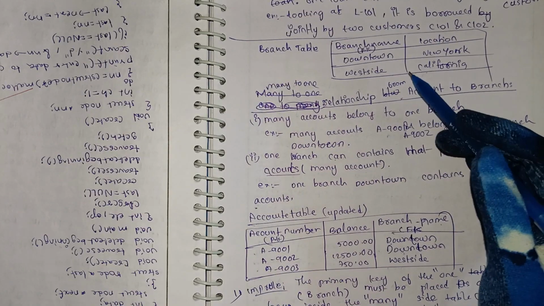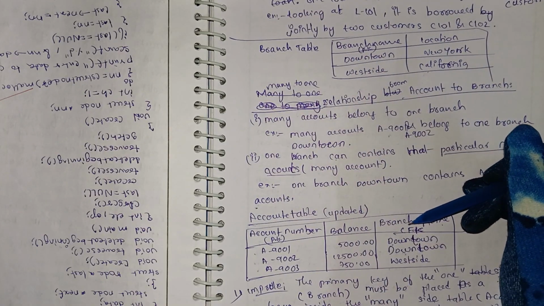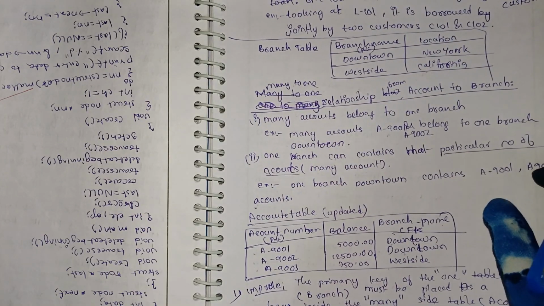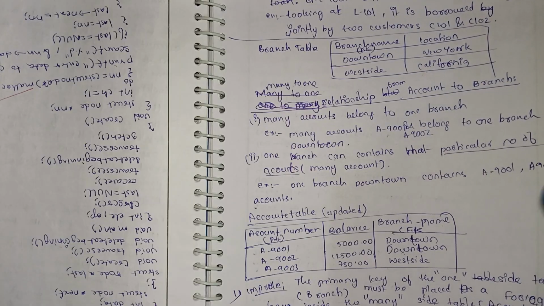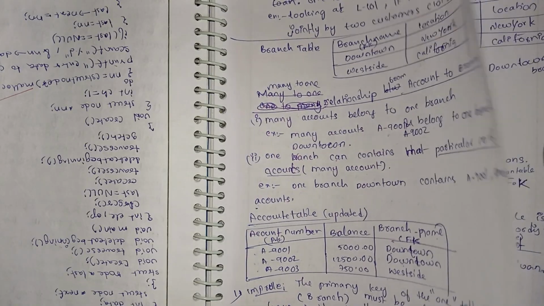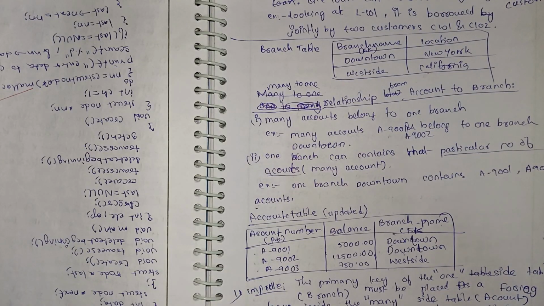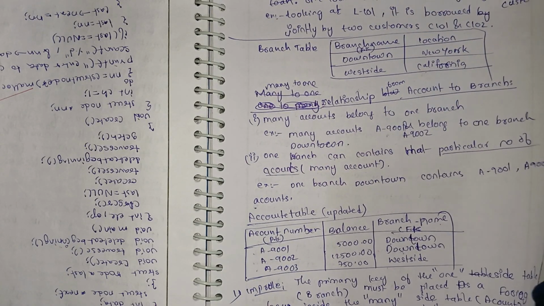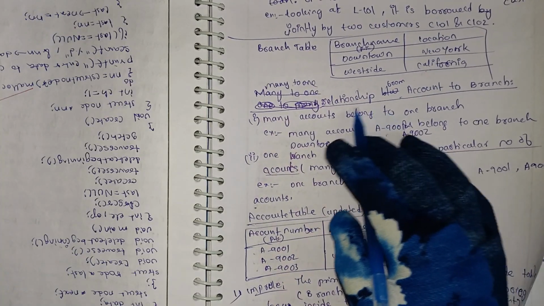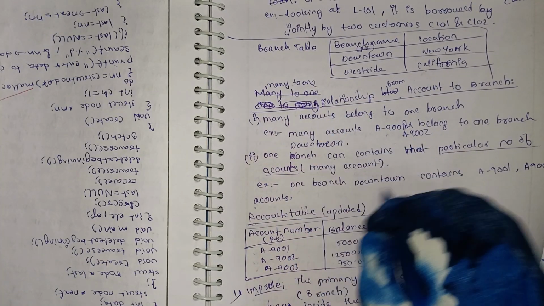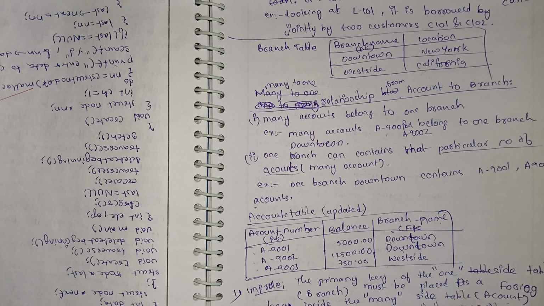Branch name primary key is used as a foreign key in this account table, and the account table is updated so that the relationship is developed through these statements, which I have explained just now.